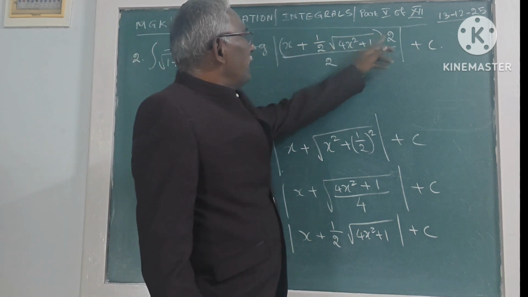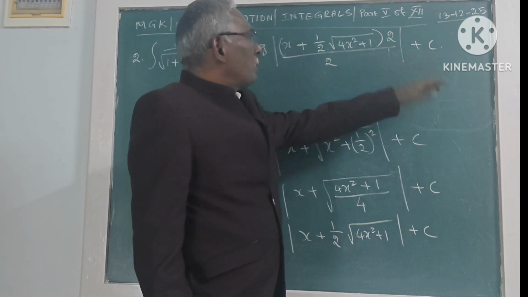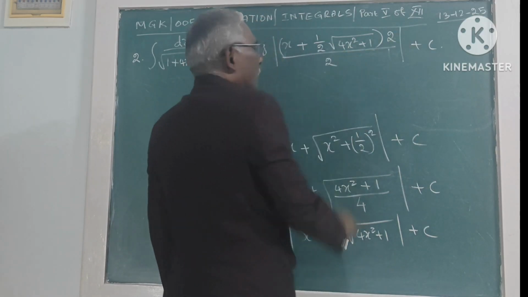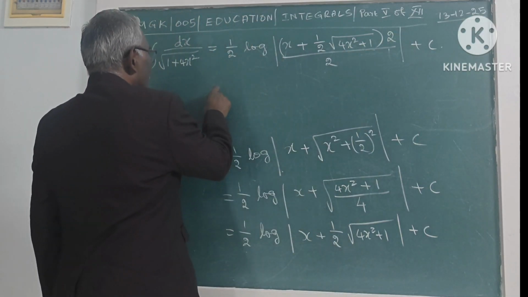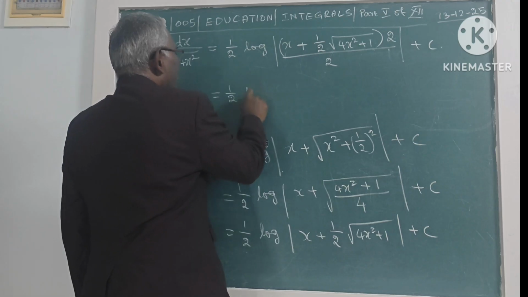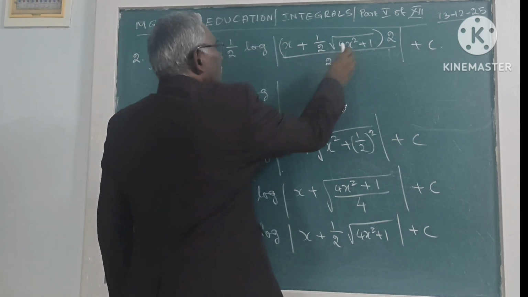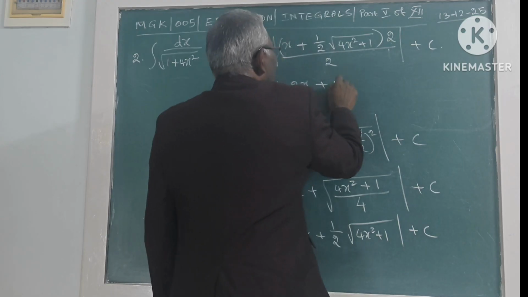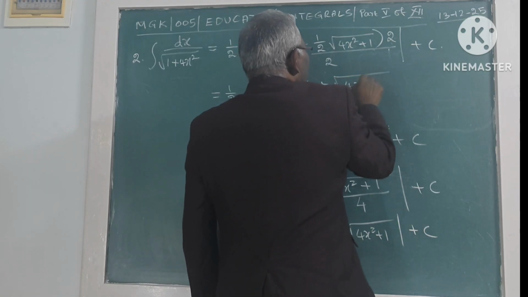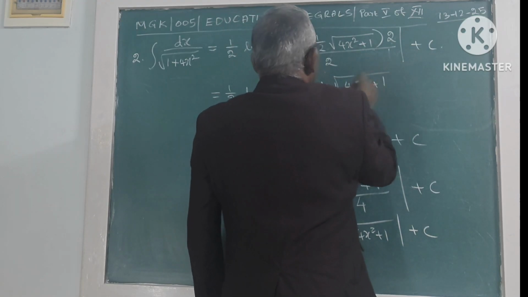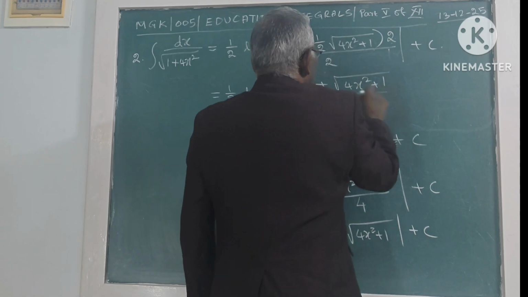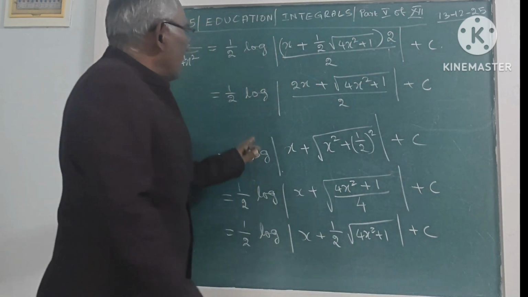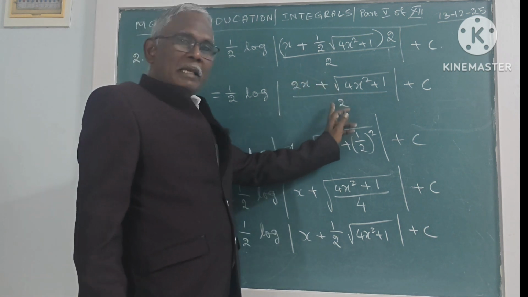So the same thing written multiplied and divided by 2. So it's nothing but 1 by 2 times log of, when you multiply this by 2, we'll get 2x plus square root of 4x square plus 1 by 2, plus constant.